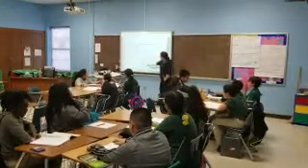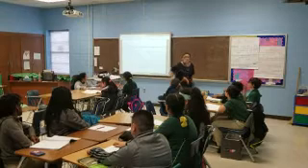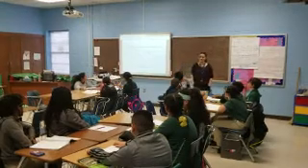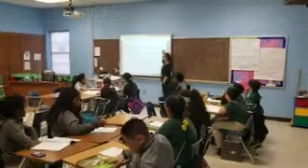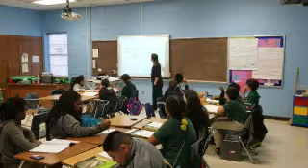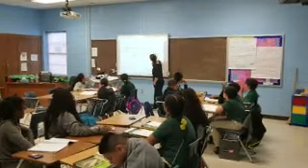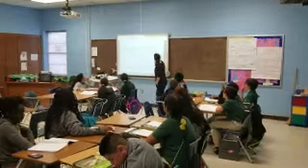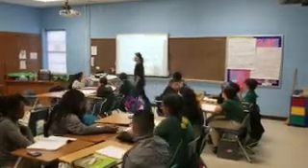Now, the bottom here asked for the rate unit. I've often said to you, 42.5 what? That's what they mean by rate unit. What are we measuring? Meters, minutes. Meters per minute. You want to make sure that you do not have naked numbers.